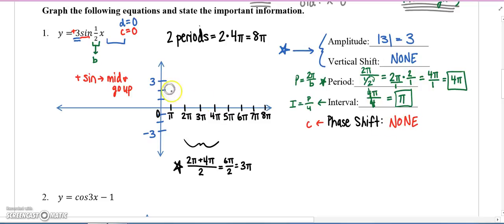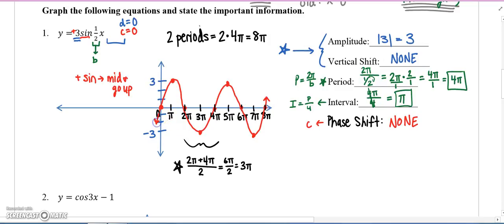If there's no phase shift, I start at regular x equals 0. So start in the middle and go up to my maximum first. And then it's just a pattern. Middle, max, middle, min. Middle, max, middle, min. Middle. Connect the dots as best as you can.